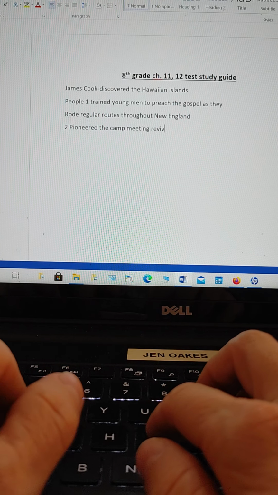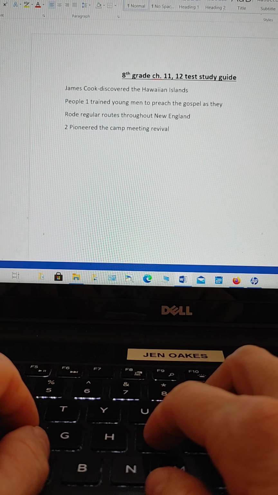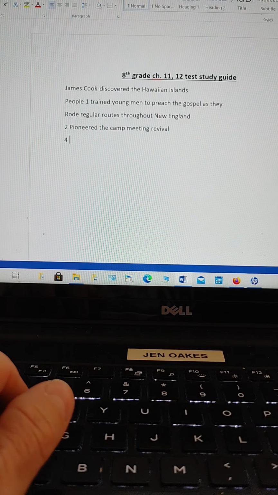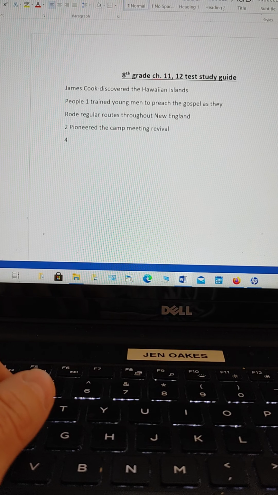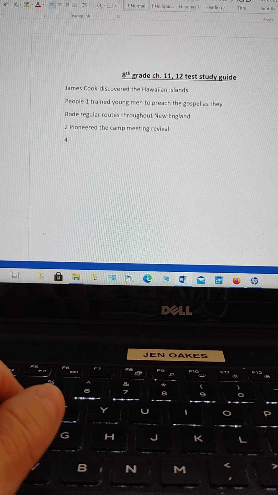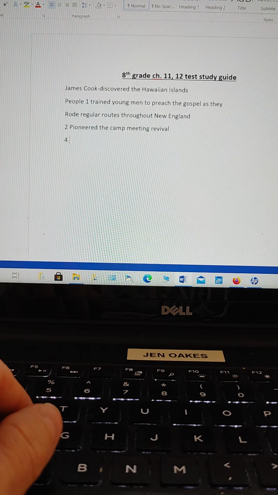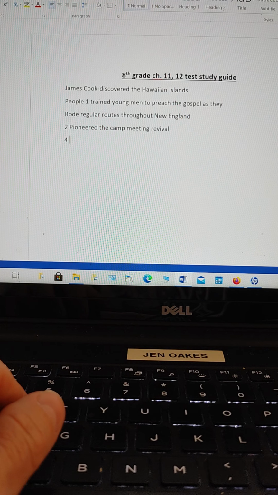Good thing about doing it this way is if I'm going too fast, you can pause me whenever you need to catch up. Charles G. Finney, Great Awakening dude. Let's figure out exactly what they put on the test about him. Feel quite certain it's not Second Great Awakening dude, but you know.